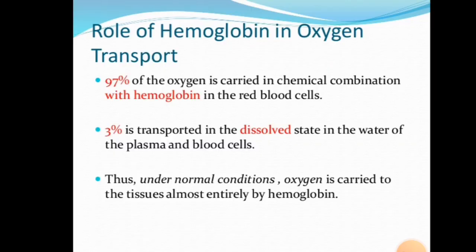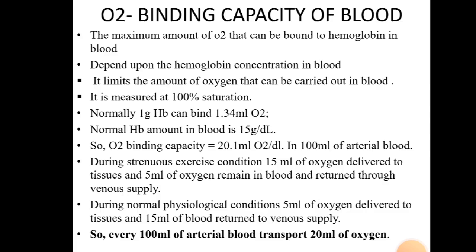A role of hemoglobin in oxygen transport. So 97% of oxygen is carried in chemical combination with hemoglobin in RBC, and 3% is in dissolved state in plasma. So oxygen is carried to tissue almost entirely by the hemoglobin. Then oxygen binding capacity of blood.